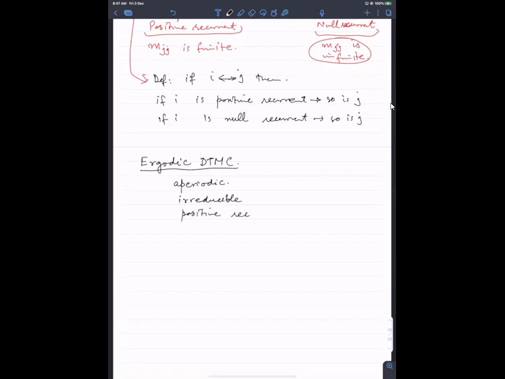So this is the one जिसके लिए limiting distribution exist करेगी, and the limiting distribution would be the same as the stationary distribution.